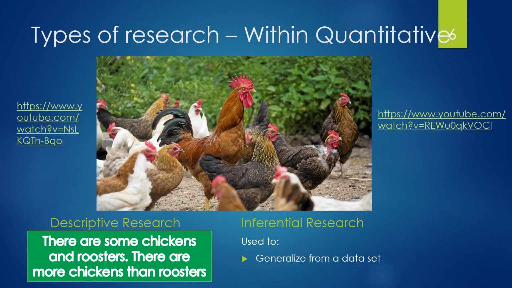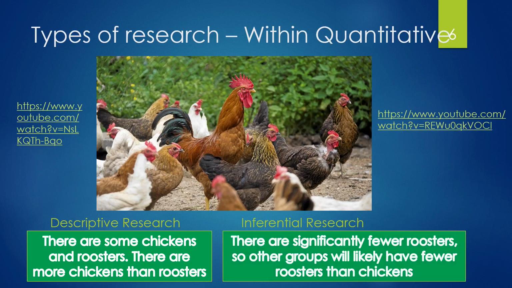We can't draw any conclusions about the relationships between chickens and roosters. Inferential research, alternatively, would do something like this. It might say there are significantly fewer roosters than chickens, so other groups of chicken herds would likely have fewer roosters than chickens in their group setup.